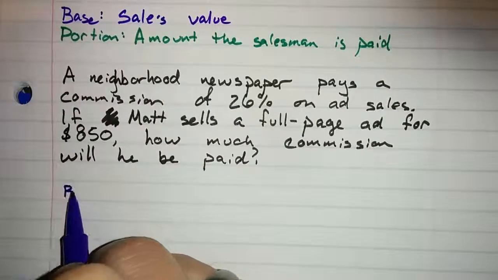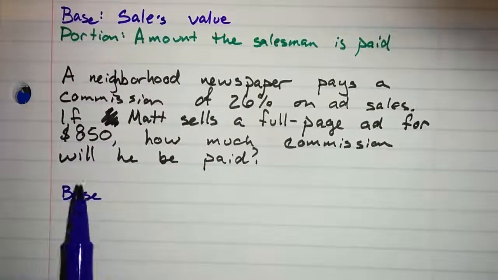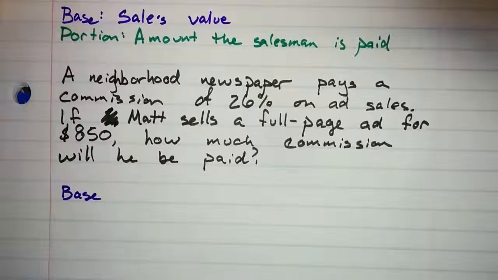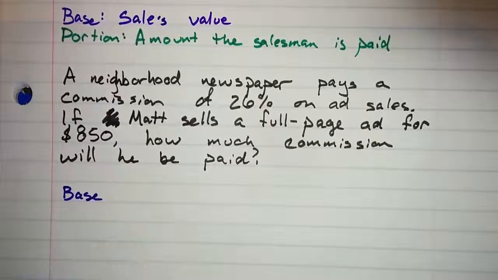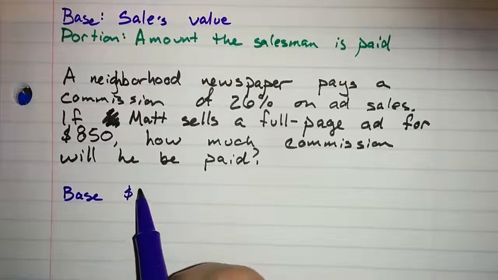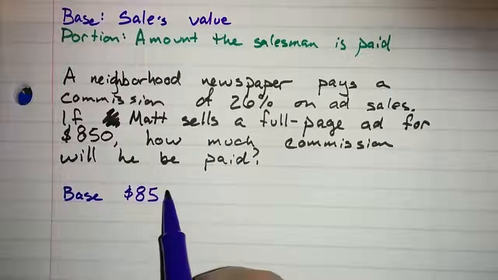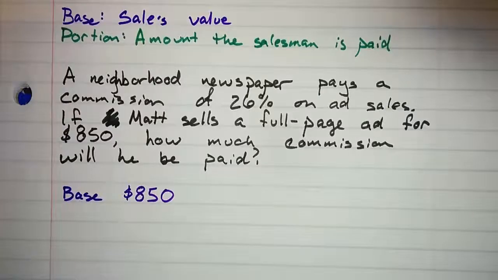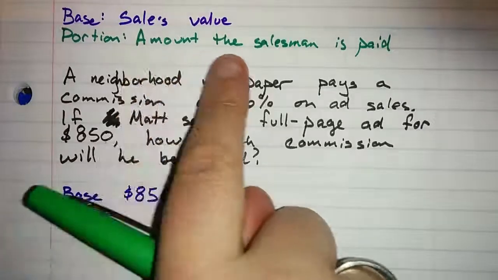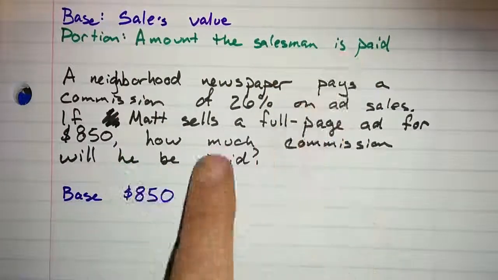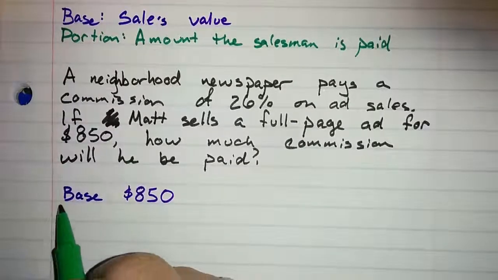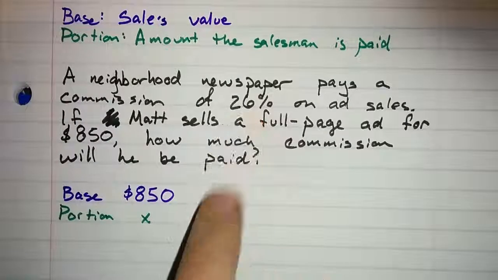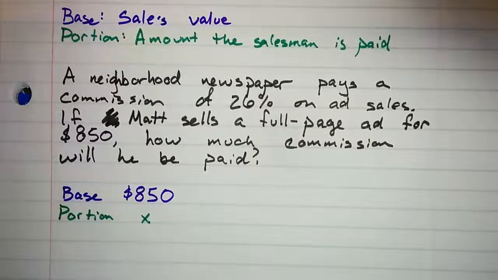So in this case, the base, which is the sales value, how much is the sale worth? A full-page ad for $850. So the base is $850. The portion is always the amount the salesman is paid. How much is Matt paid? Well, that's what we want to know. And the percentage we're told is 26.